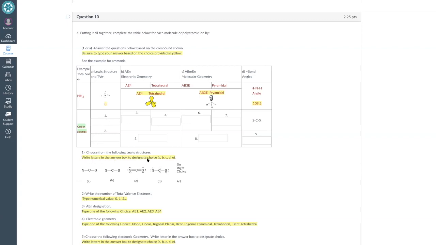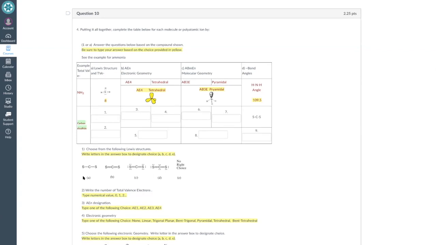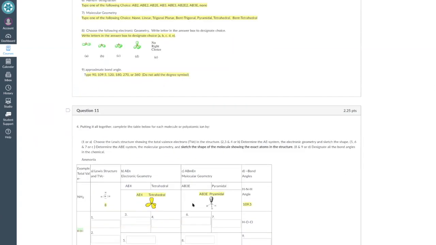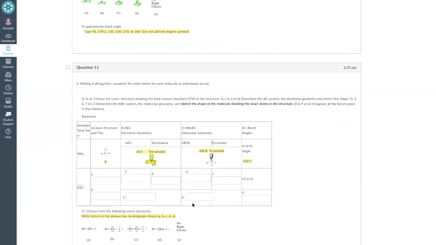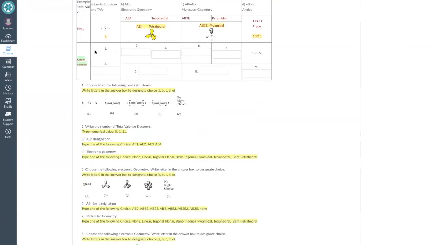Write the letter in the answer box to designate A, B, C, or D. So in this question, the Lewis structure and total valence electrons, this should be for, let me just double check. Yeah, here. Carbon disulfide. This up here is just the example, but this is carbon disulfide.